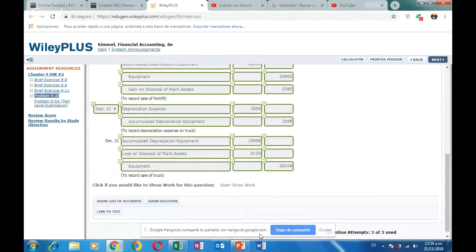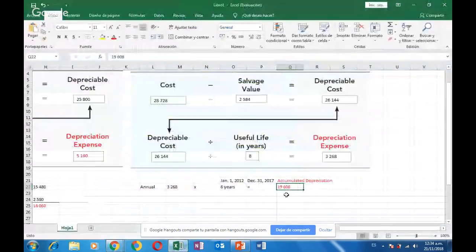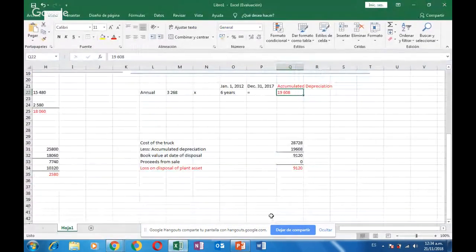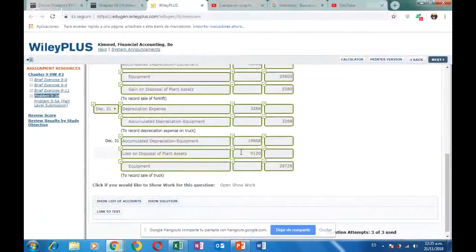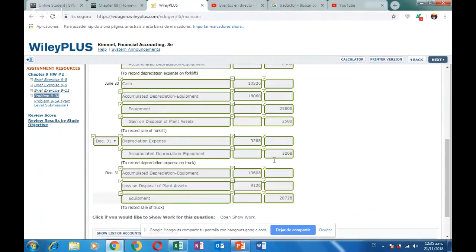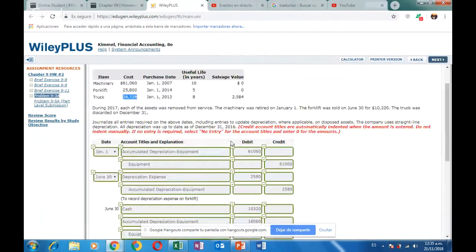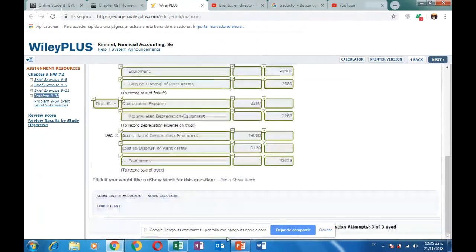And I also use this operation to calculate the loss on disposal of plant assets. The cost of the truck was this, less accumulated depreciation, and we realized that we have a loss on disposal of plant assets. And we will debit loss on disposal of plant assets. So that was my presentation, and that's all.